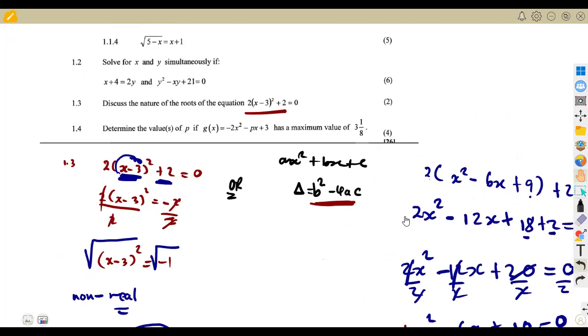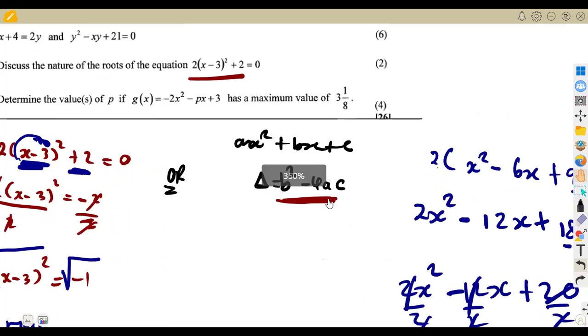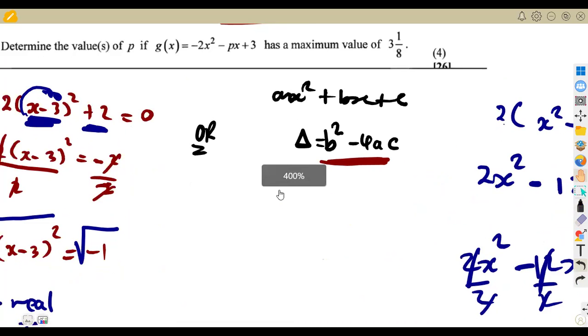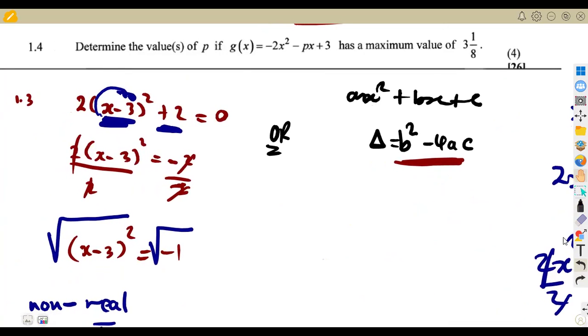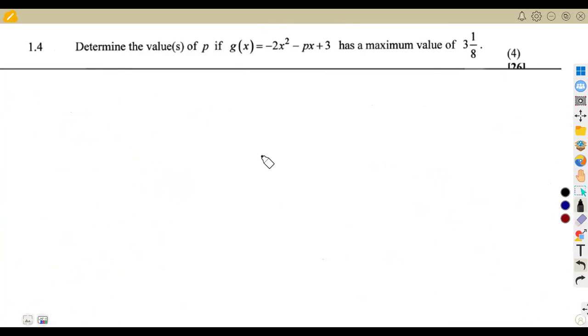All right. Then 1.4, they are still on the nature of roots if you check. All right, this is now different. This is about the maximum value. How do you determine the maximum value of a certain function?